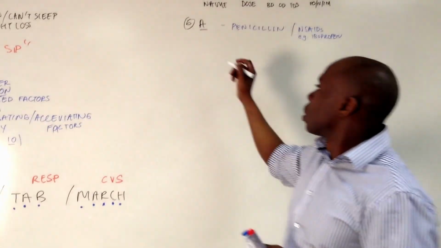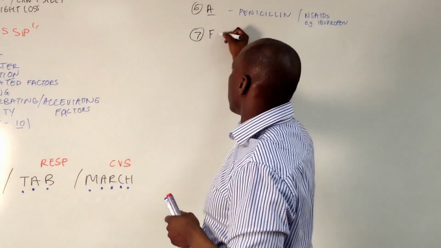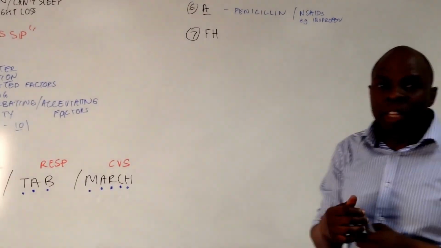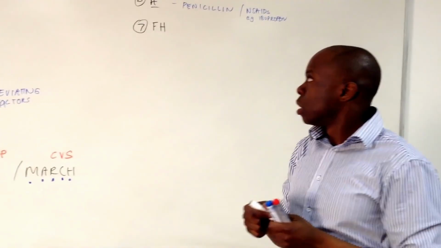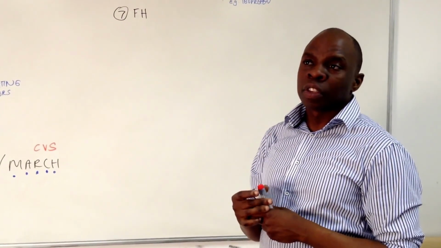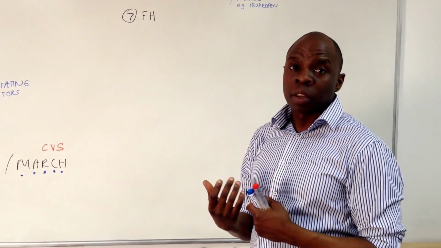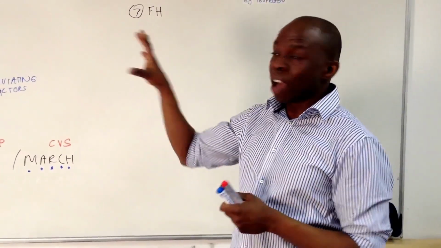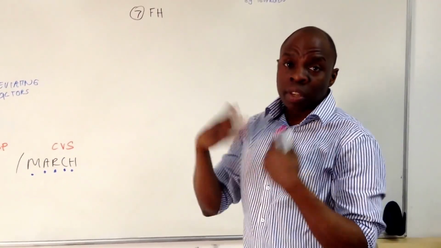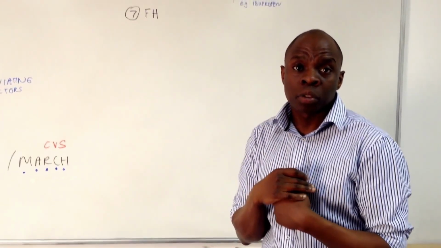Okay, very good. And then we move on to FH now, which is your family history. In family history, we're trying to find out if there are any conditions in the family which we may need to know about, which may have a bearing on this case. So my opening question normally is, are there any conditions that you know run in your family which we may need to know about?